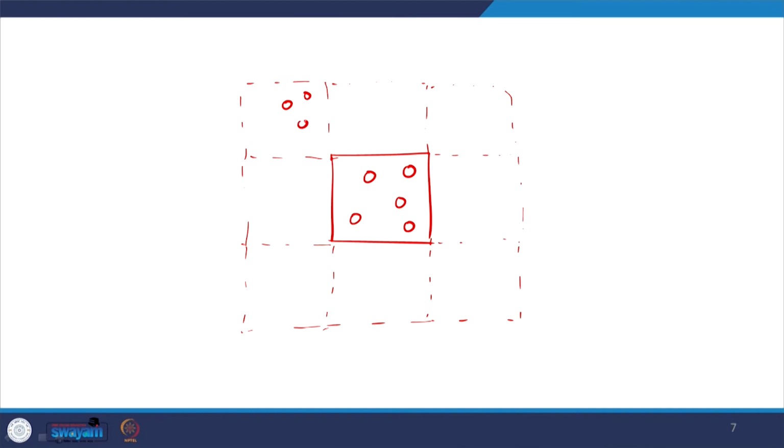That means every box in there has pretty much the same configuration of molecules, just being repeated.